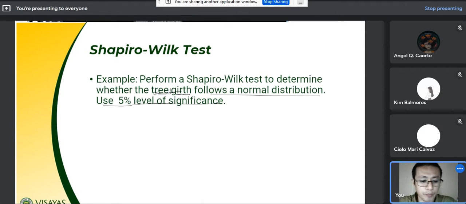Given that sample problem, how do we state our null hypothesis? Again, class, first step is that you should be able to state the null and alternative hypothesis. So what will be our null hypothesis for this problem? Which variable are we interested in testing for its normality?